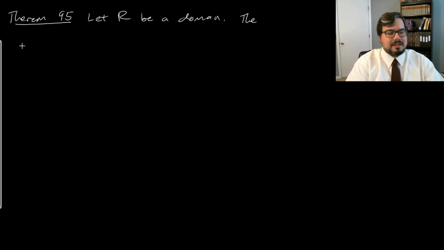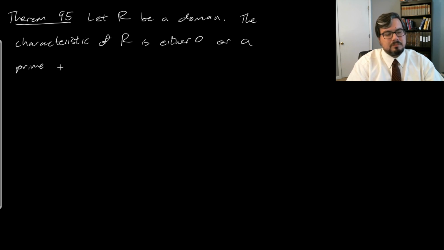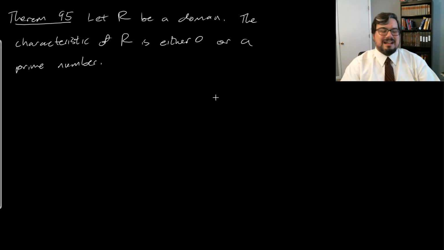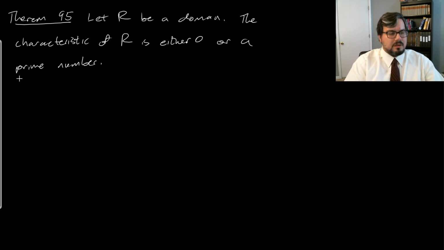The characteristic of R is either 0, it could be 0, or a prime number. In particular, it can't be a non-prime number. It can't be a composite number, and it can't be 1.